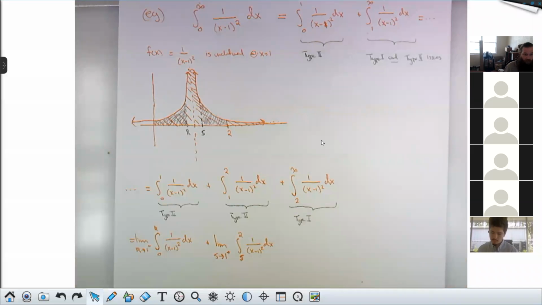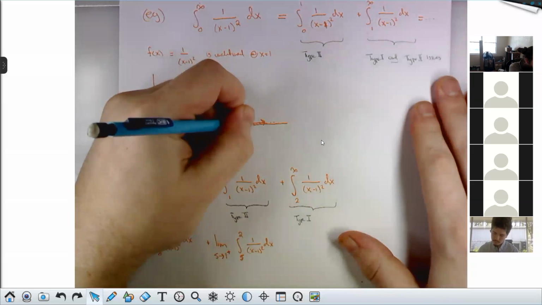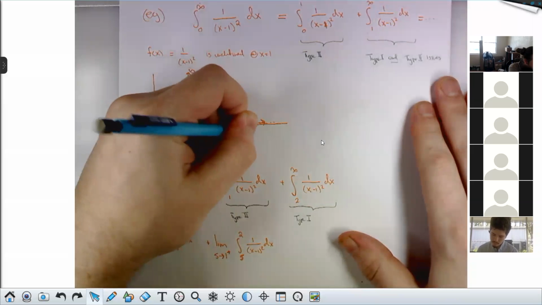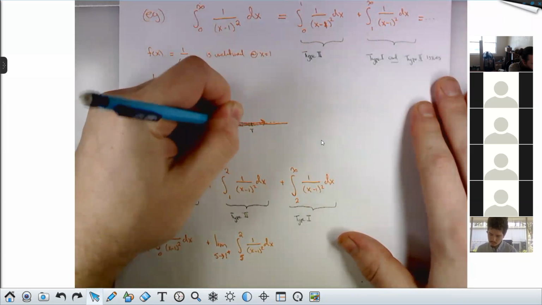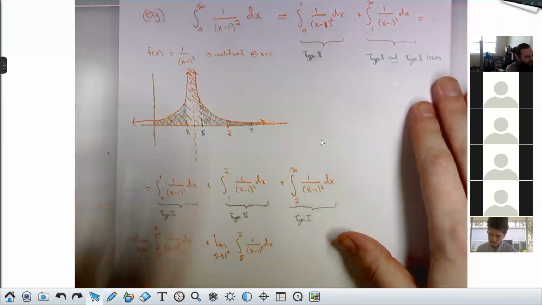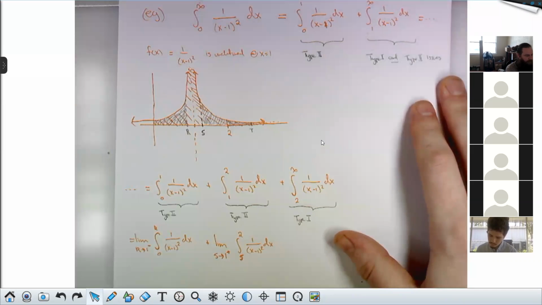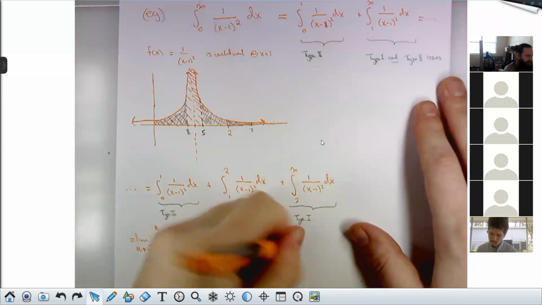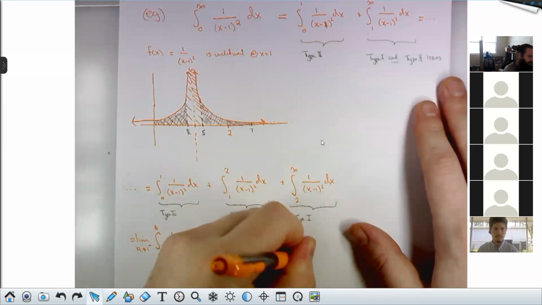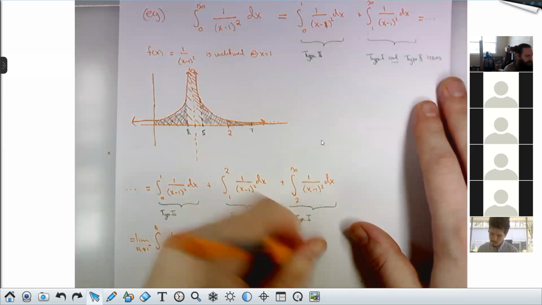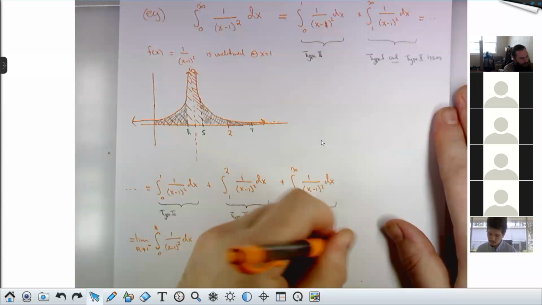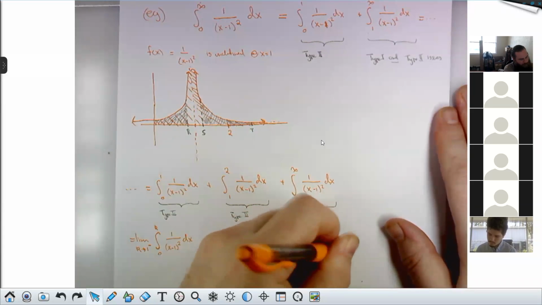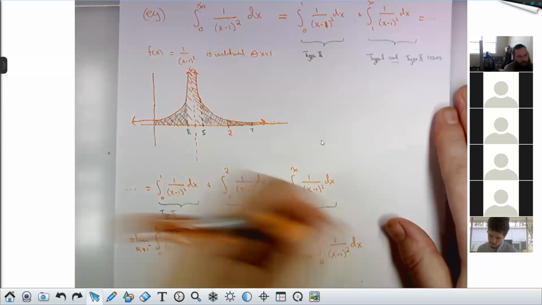And then the third guy, I'll introduce a variable here, call it t. And we'll do him as integral 2 to t. And then I have to let t go to infinity. So this would be plus the limit as t goes to infinity, integral 2 to t, 1 over (x minus 1) squared dx.